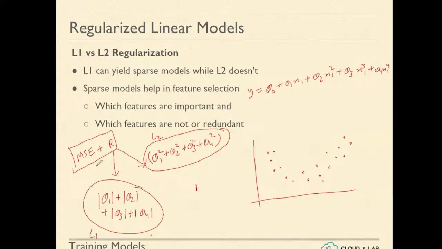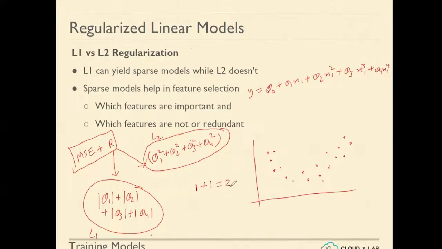But at the same time, since you are using a degree 4 polynomial, the second term will be high, right? So let's say the second term, or this regularization term, is, let's say, 1. So total value, you will get 2, right?